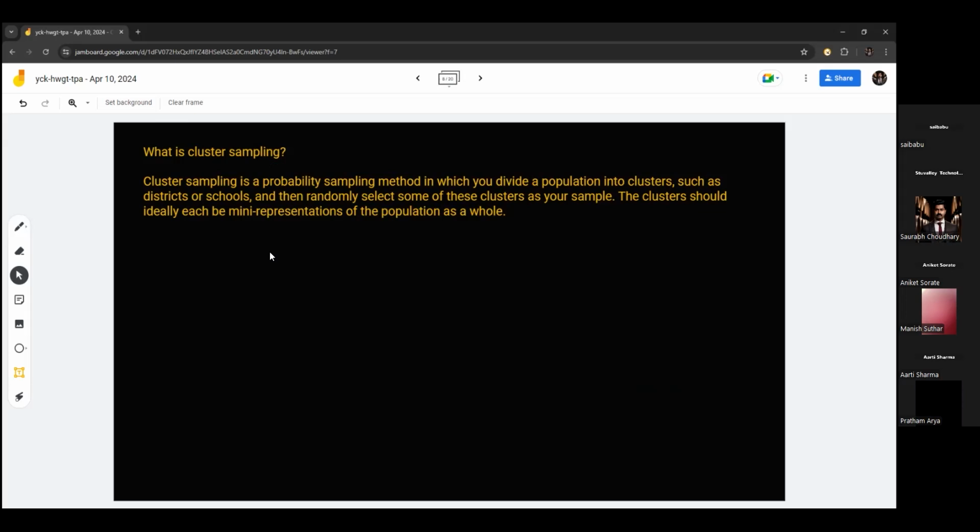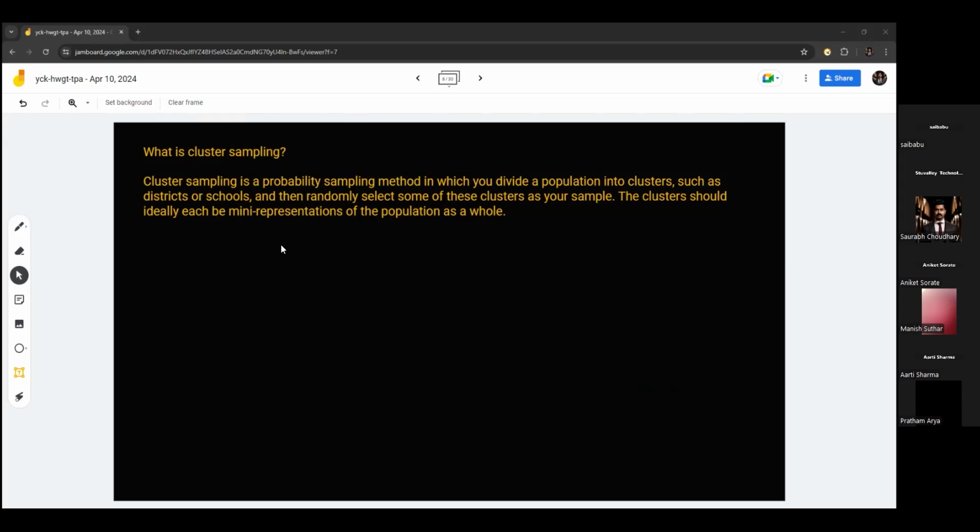Anybody please tell me what are clusters? Yeah, what are clusters?